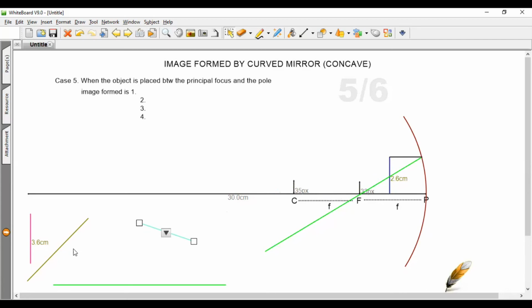Then after that, we have another one. This one is coming from the object and passing through the center of curvature. Be careful, make sure that it actually has contact with the tip of the object.